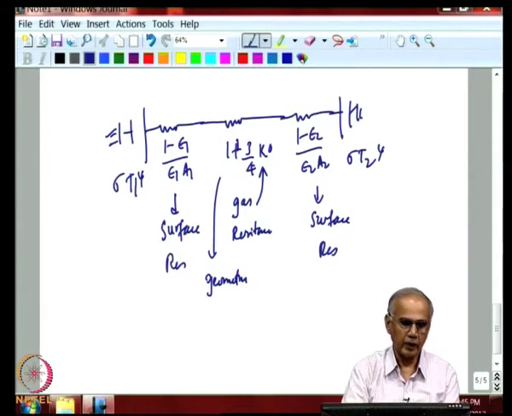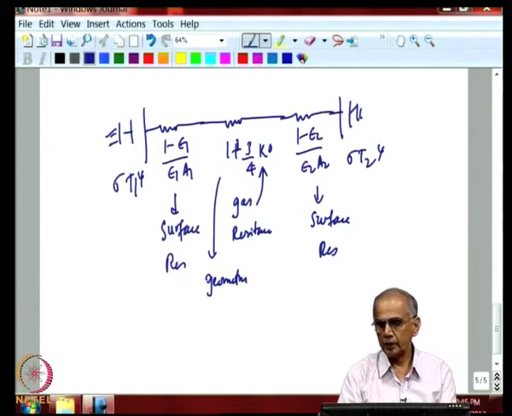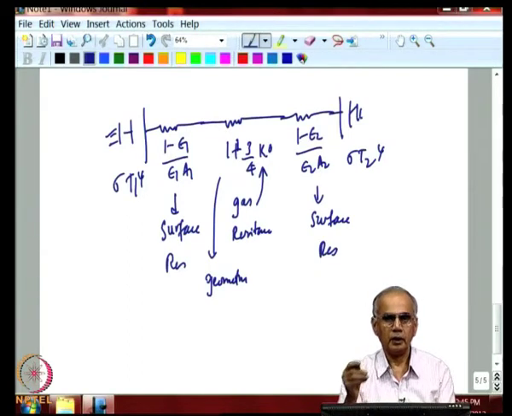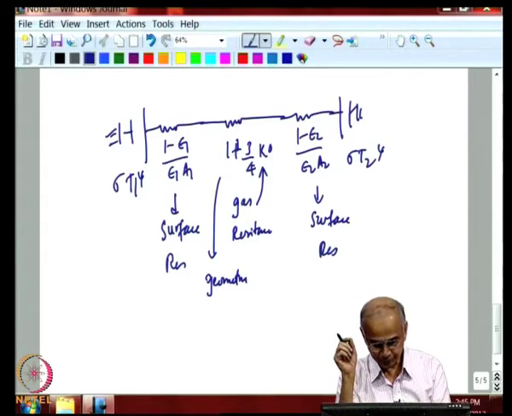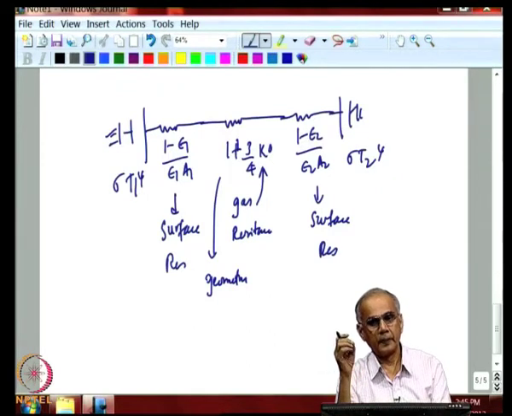Now, so far we have dealt with radiative equilibrium. Now, radiative equilibrium is a special case, occurs only if radiation is the only process that is occurring and other processes are not important. But as most of you realize, in any real world problem, radiation occurs in conjunction with conduction, convection and other processes.